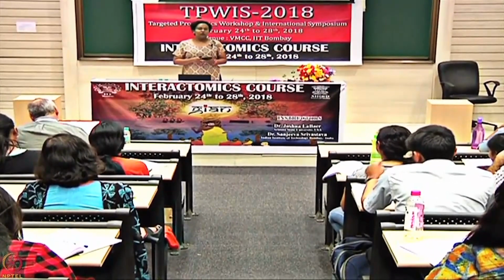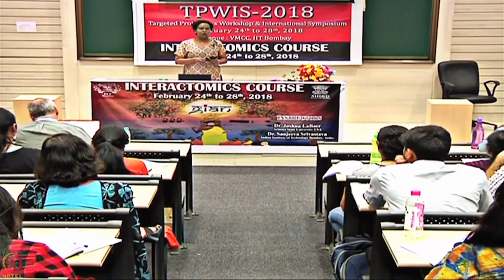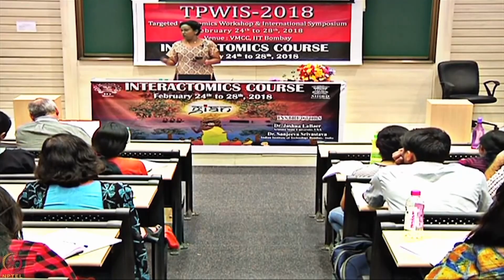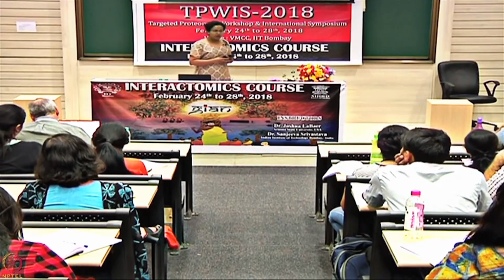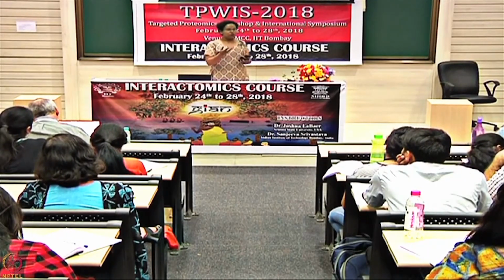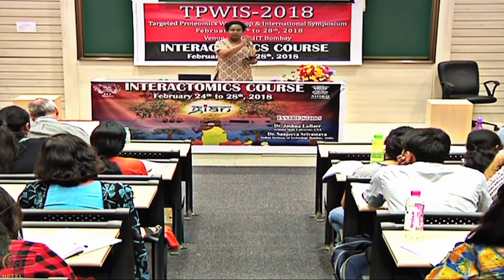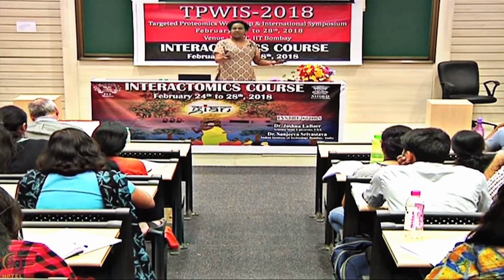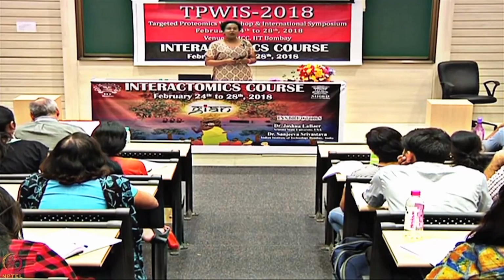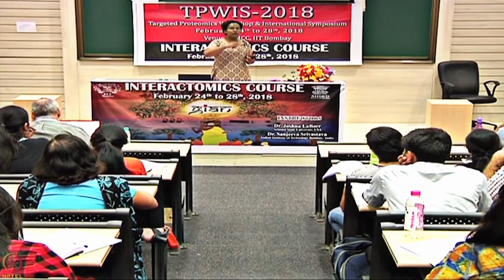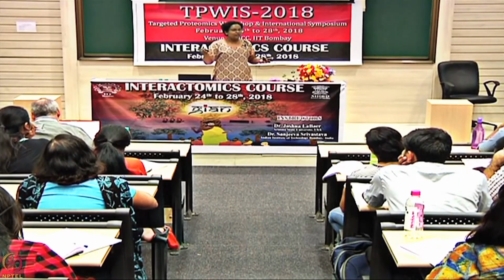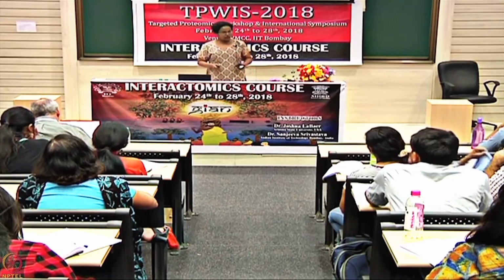When you are immobilizing and playing with the RUs, you may not know how much you would like to immobilize. Say we decided to immobilize 600 RUs, but how would you go and immobilize it? You would have to look at your contact time, how do you attain that 600 RUs, right?